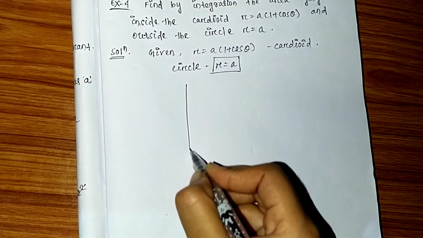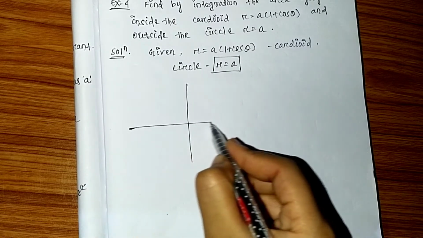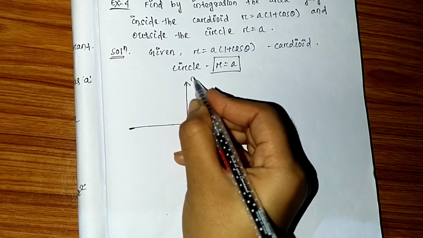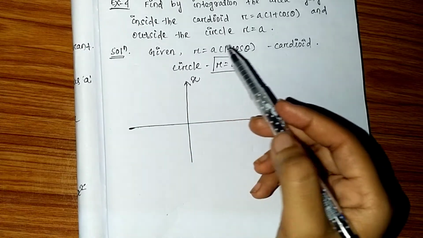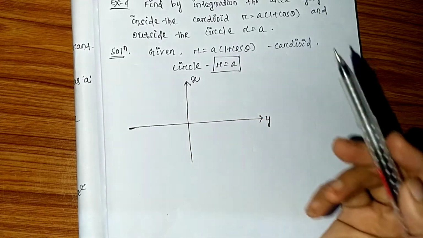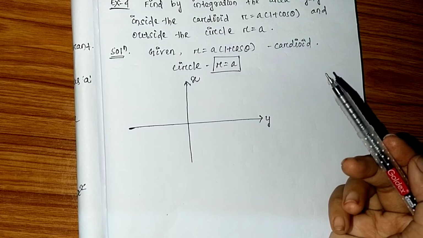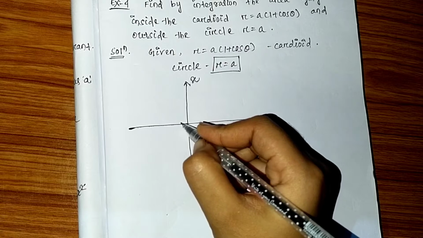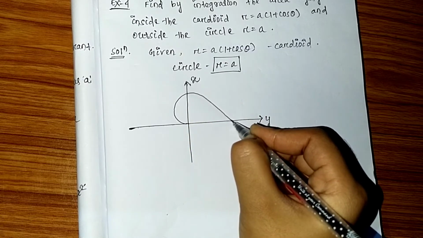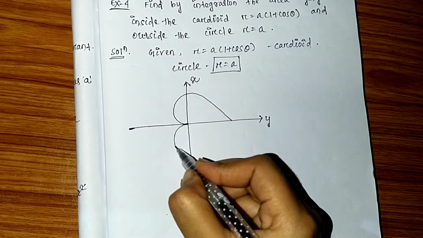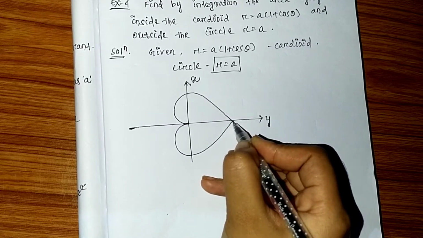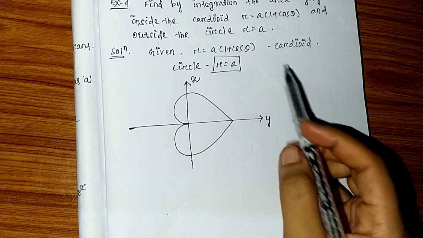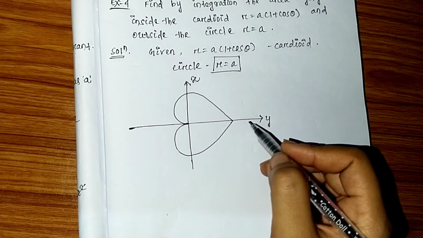That is our x-axis and this is our y-axis. Here, given r equal to a into 1 plus cos theta, this is our cardioid.